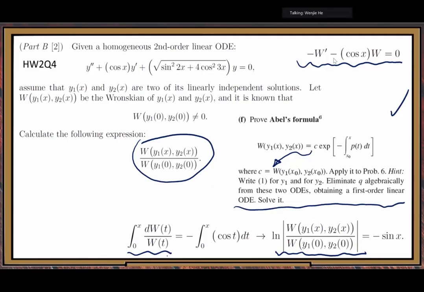So the question is, why? Because in that formula, there is no absolute value. So there is a small gap, and we need to bridge that small gap. That's what I want to explain here.